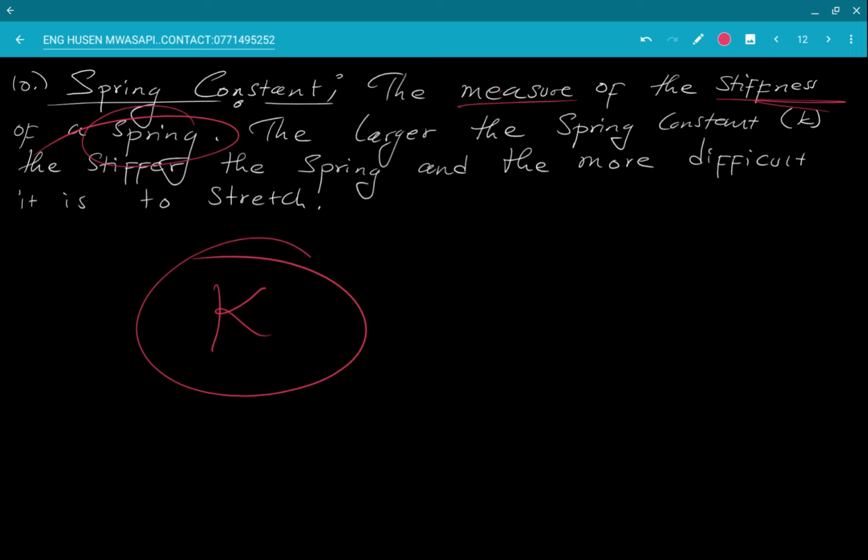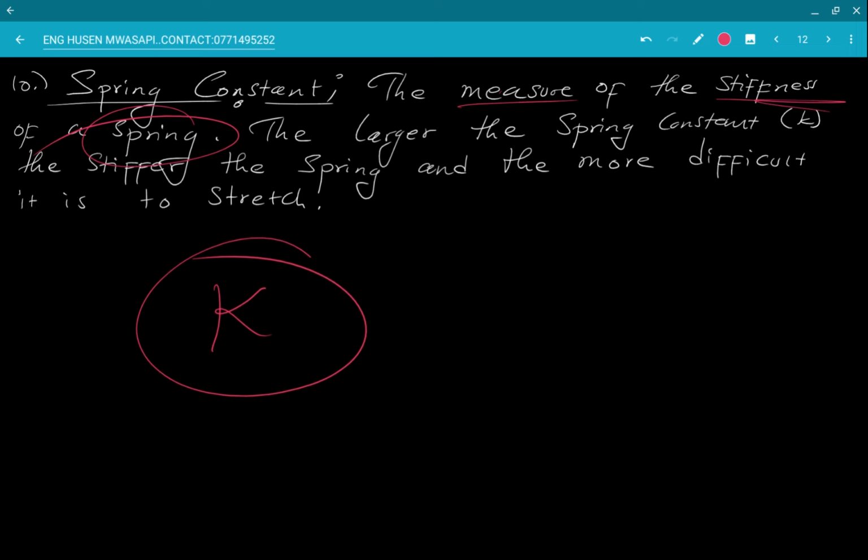If you have ever experienced a condition whereby you're trying to pull a spring, you're trying to extend the spring to a certain length, but it is very difficult for you to extend it.